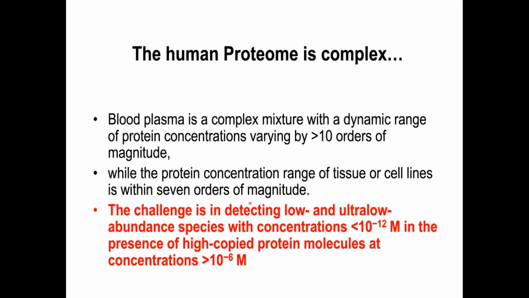So that means we have a tremendous challenge technically with all high-end instruments that we are using, pre-fractionation techniques, mass spectrometry, gel-based techniques, detecting the low and ultra-low abundant species of proteins with concentrations from smaller than 10 to minus 12 molar in the presence of very high copy number protein molecules with concentrations from more than 10 to minus 6 molar.